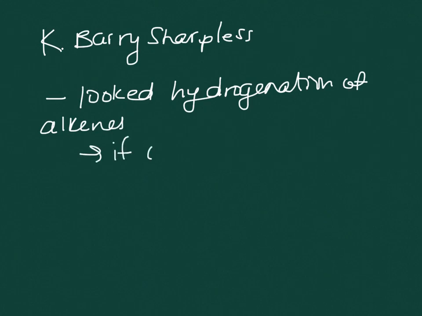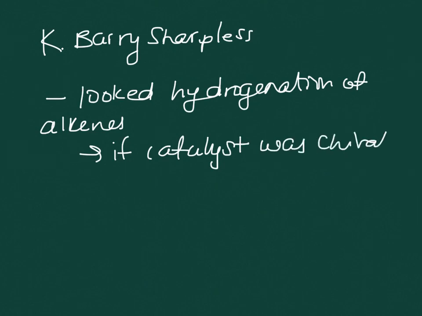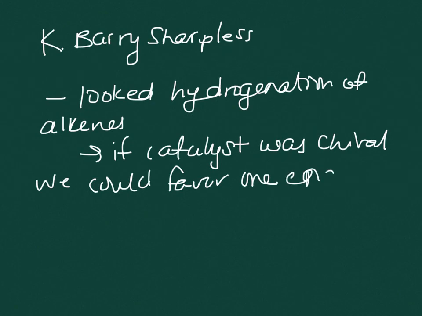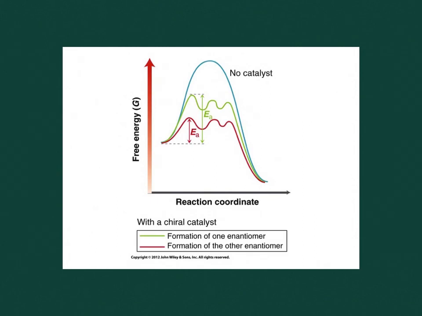If the catalyst was chiral, we could favor one enantiomer over another. The reason for this is that if you look at the line in blue, there's no catalyst.